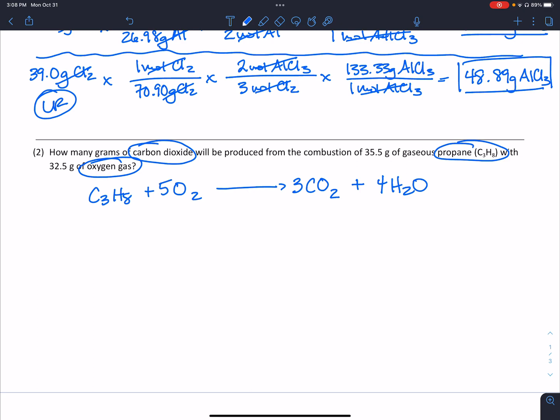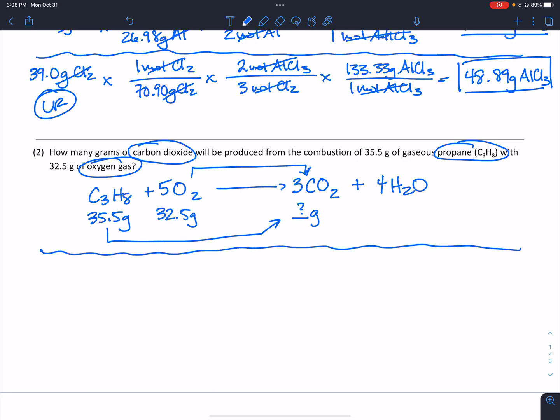All right, now I look at what I've been given. I have 35.5 grams of the C3H8 and 32.5 grams of the O2. And the question is asking about grams of CO2. So I'm going to need to convert my grams of O2 to grams of CO2, and then I'm going to need to repeat, but start with my C3H8.